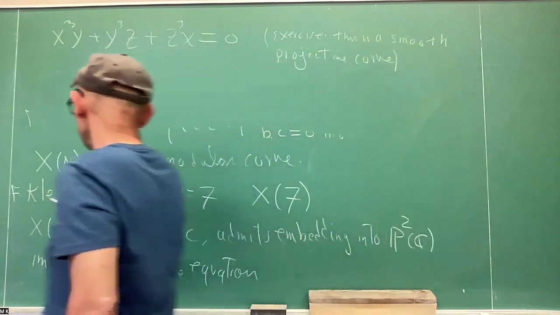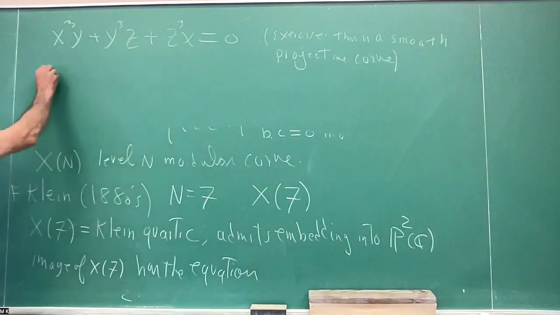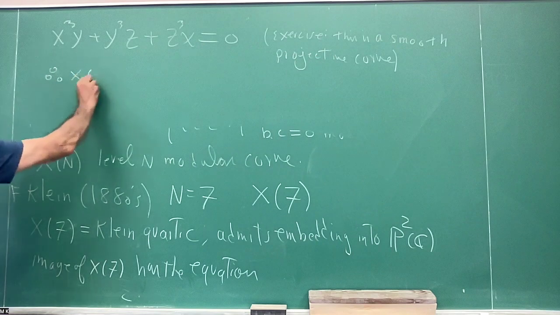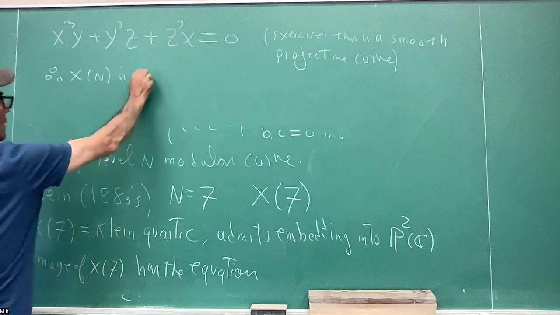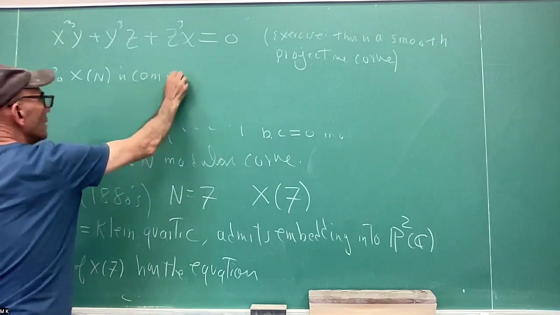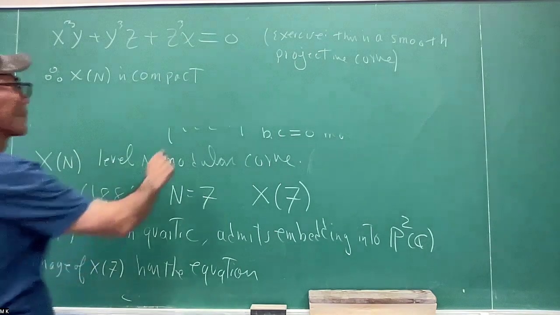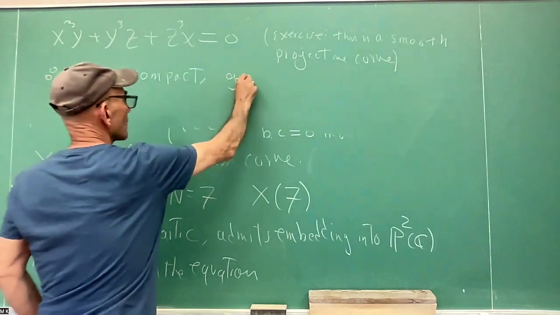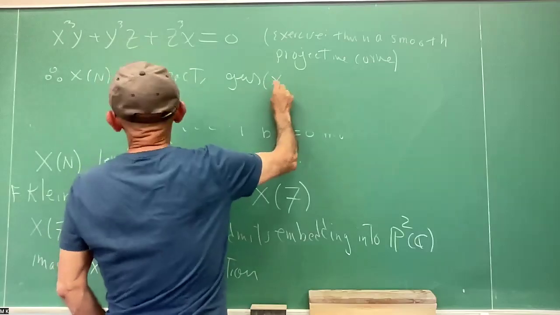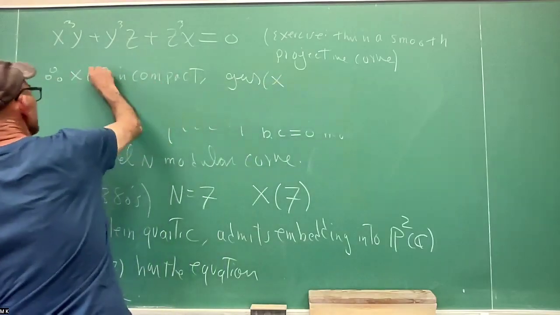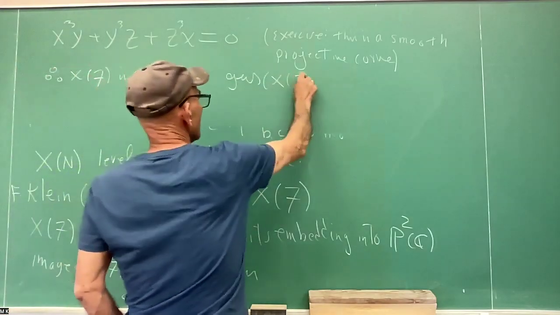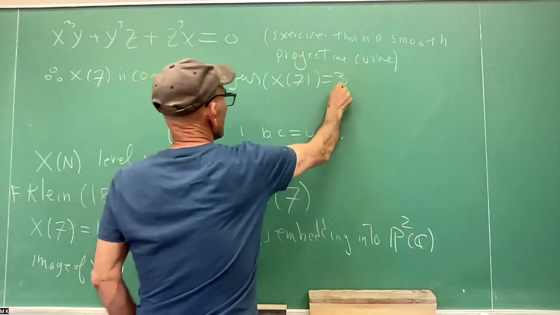So in particular, this X(n) is compact. Then he knew that it has genus 3. The genus of X7 is equal to 3.